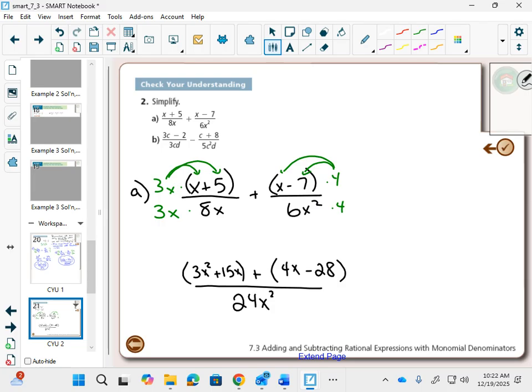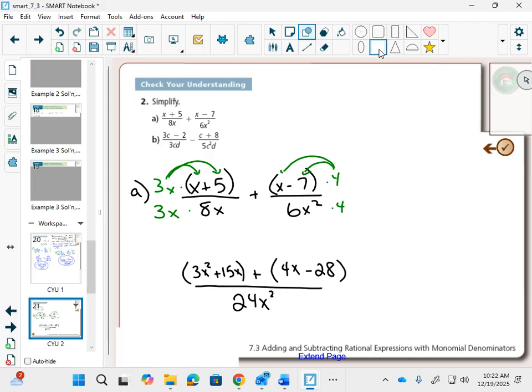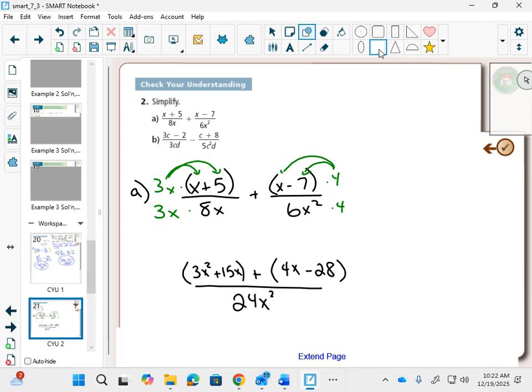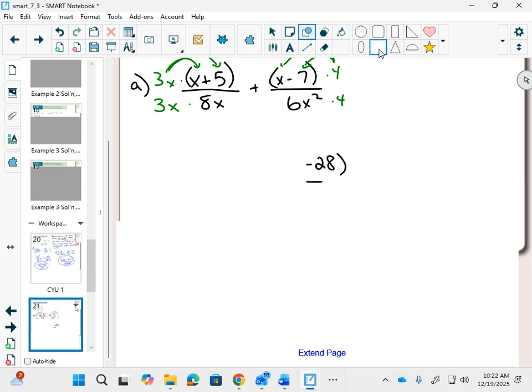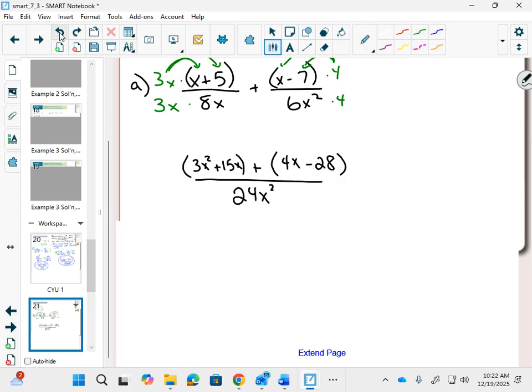And in my numerator, I have like terms. So I can write my final answer as 3x squared plus 19x minus 28 over 24x squared.